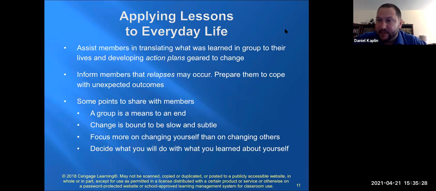Change can be slow, it can be subtle, it's not going to happen overnight. You want to focus on your personal growth over changing other people. If you listen to non-functional groups, people will point fingers at one another rather than focusing on their own change process. You could do what you wish with the lessons you've learned, so you have to decide what you want to do with them.